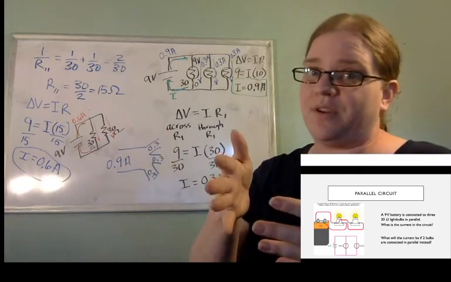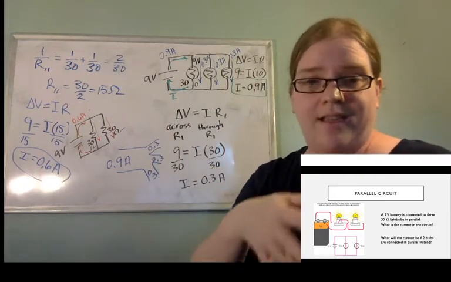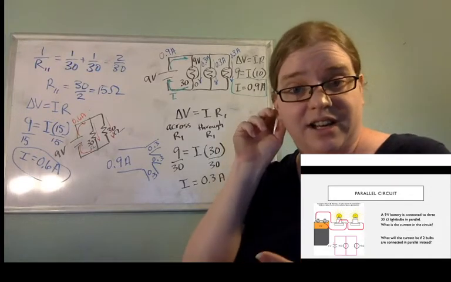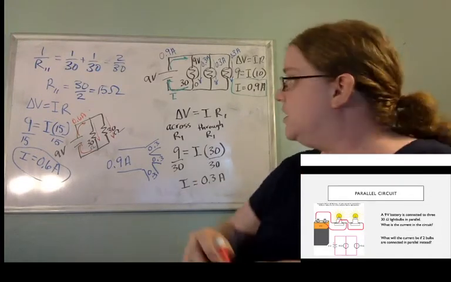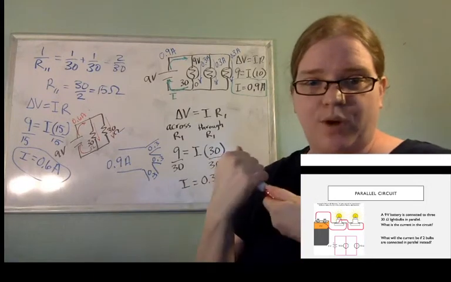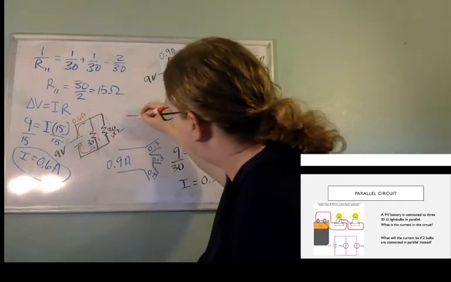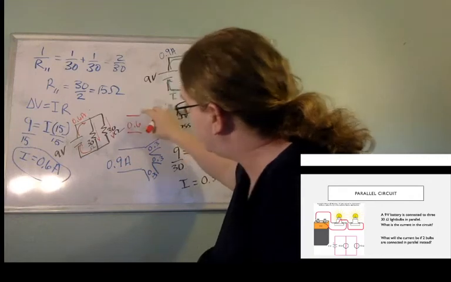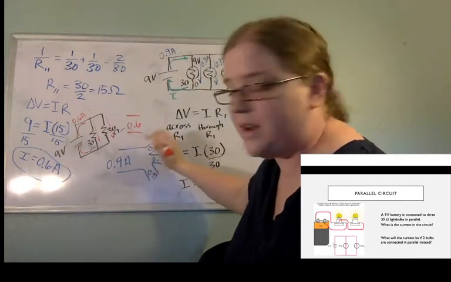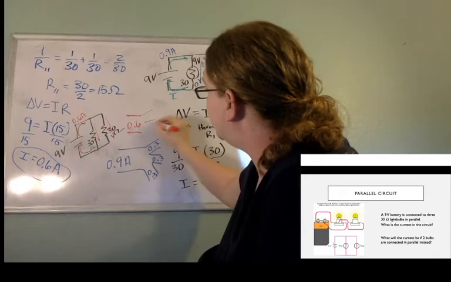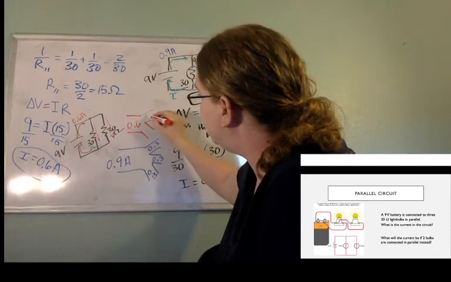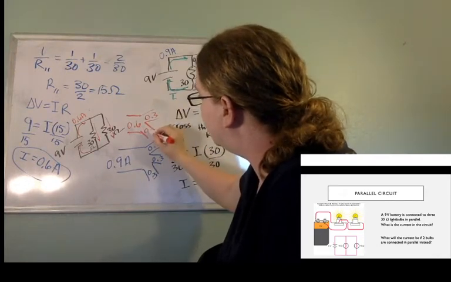Anytime you hook up a 30 ohm resistor to a 9 volt battery, and it's not in series, that's what you're going to get. So here we have a smaller initial pipe of 0.6. It's not quite as big as the 0.9, but then it only splits into 2 identical pipes, each 0.3.